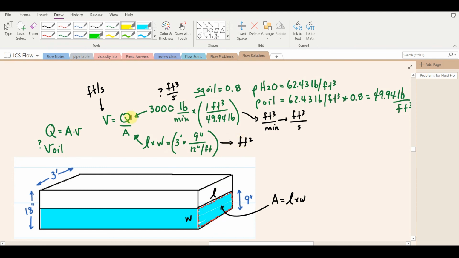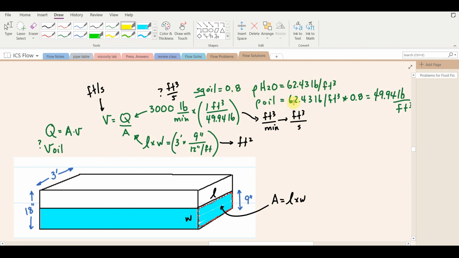We need to calculate the flow rate. It's given as 3,000 pounds per minute, but we need cubic feet per second. So how do we go from mass flow rate in pounds per minute to volumetric flow rate in cubic feet per minute? Well, the specific gravity of the oil is 0.8. It's typical, right? Oils float on water. So if the density of water is 62.43 pounds per cubic foot in the British system, then the oil is only 0.8 of that.